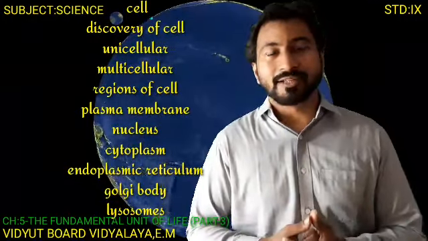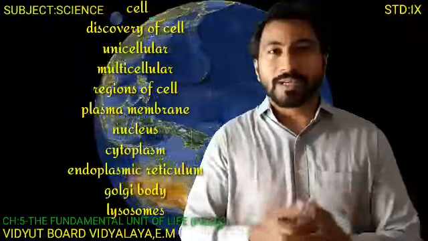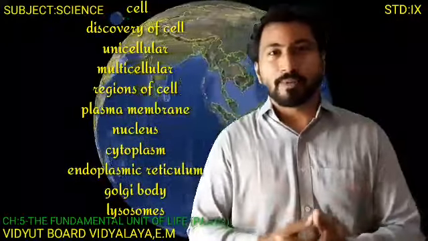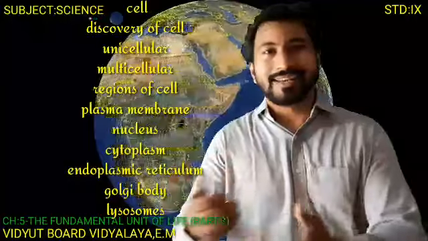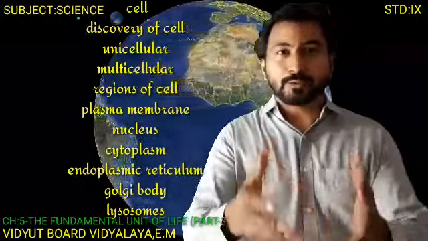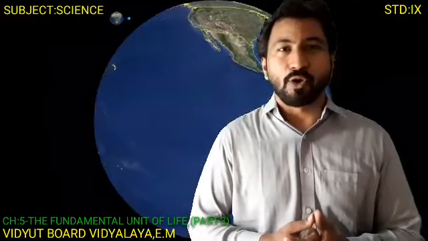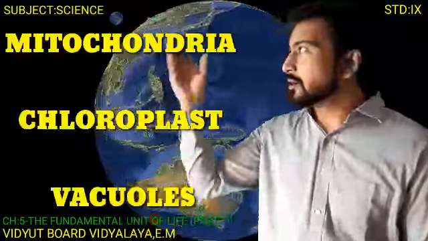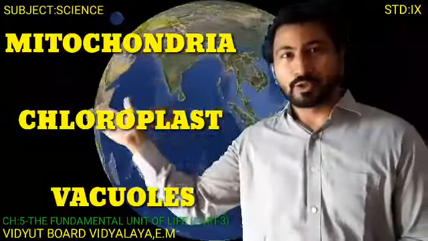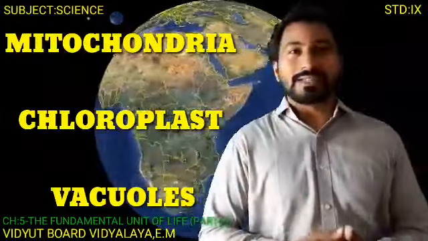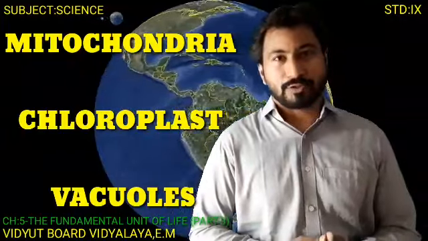And we have done very well about the endoplasmic reticulum, the Golgi body, and the lysosomes. Now today our main focus of attention is on the three major organelles. They are mitochondria, the chloroplast, and the vacuoles.